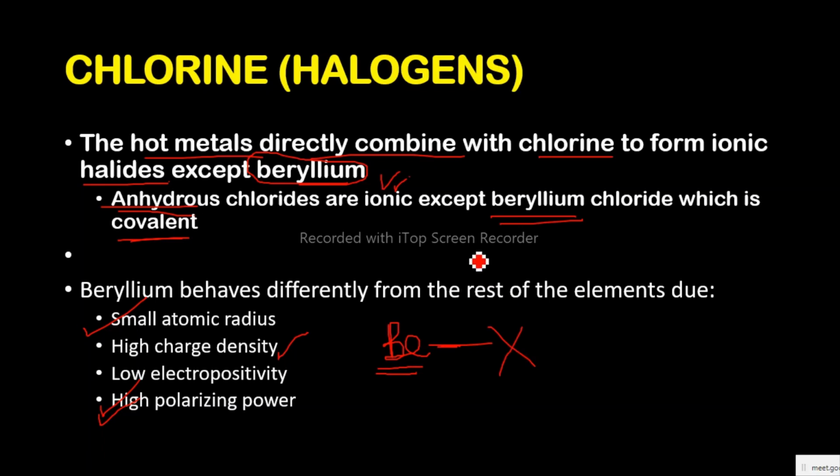So now, all members, both group 1 and group 2, form ionic halides: ionic chlorides, ionic bromides. They are ionic in nature. Why? Because the polarizing power is not that high to polarize the ionic bond. But now with beryllium, it will polarize the bond so that the beryllium chloride will end up becoming covalent. So as other members have a high melting point, this one will have a very low melting point.